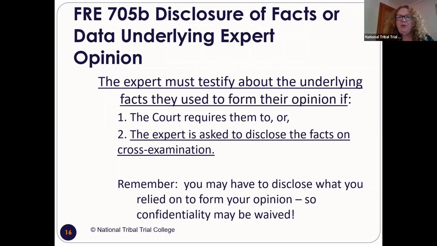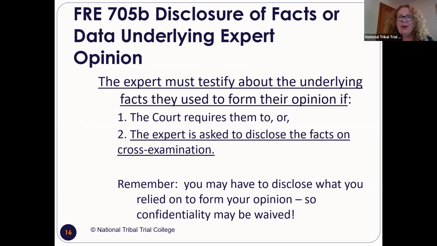All right, I told you there's two different ways of looking at whether someone's an expert witness. This is the Federal Rules of Evidence, Rule 705. You've got to disclose who the person is, who's the expert witness, and you've got to disclose the underlying facts that they use to form their opinion. So in our materials, we've got a whole bunch of information. We've got police reports and medical records, right?